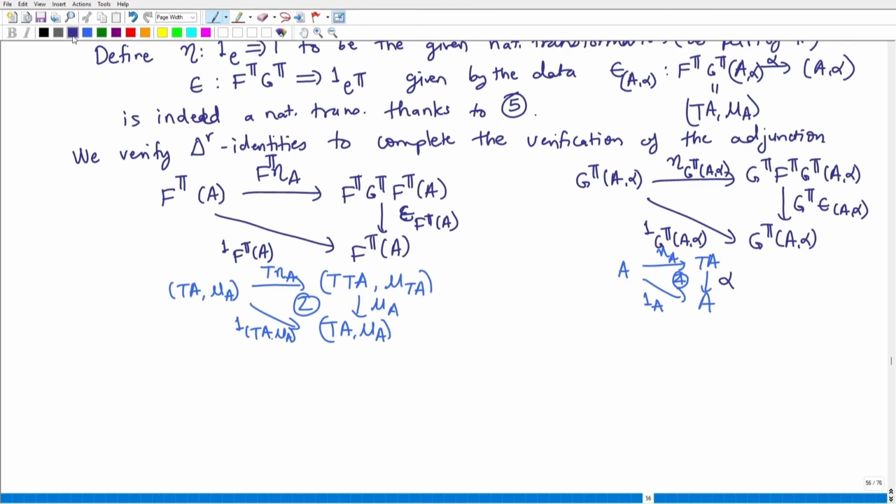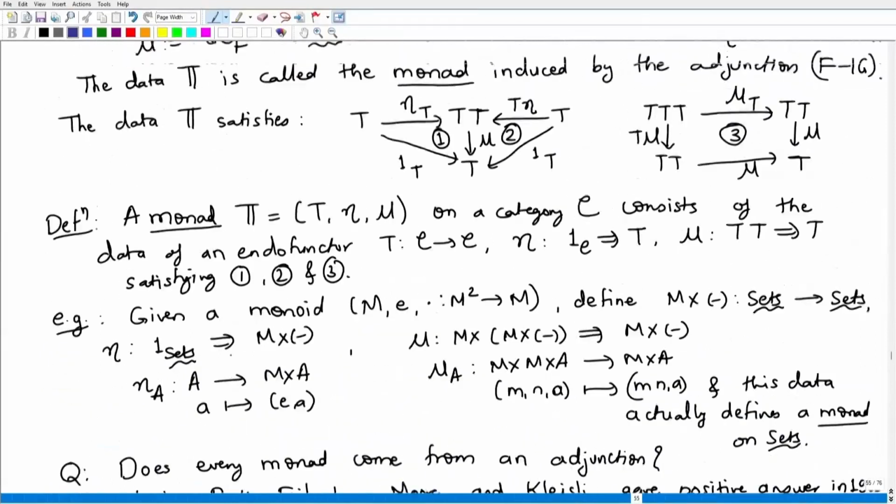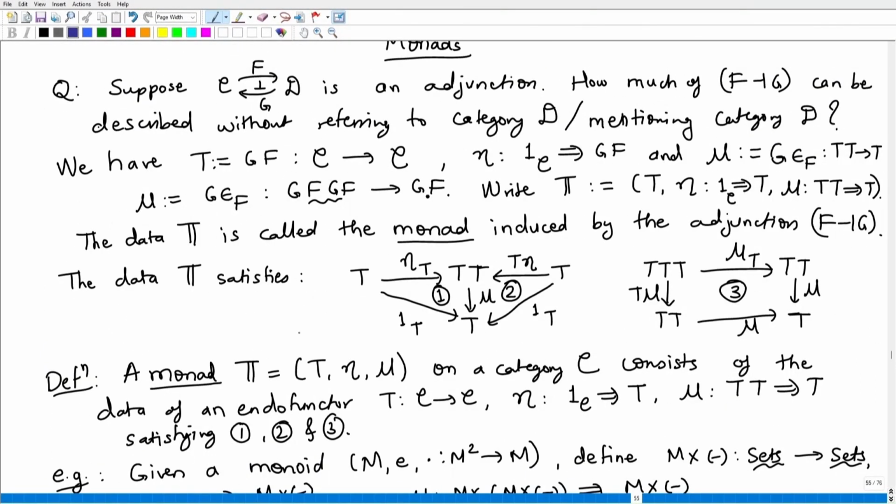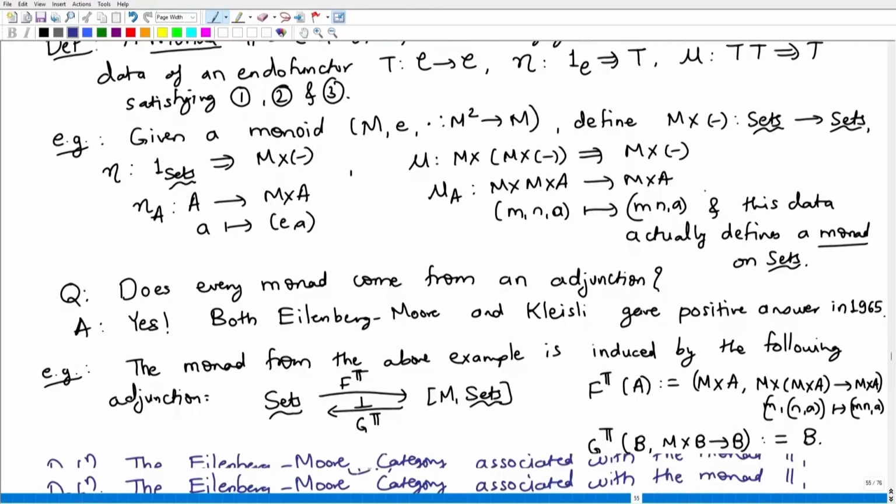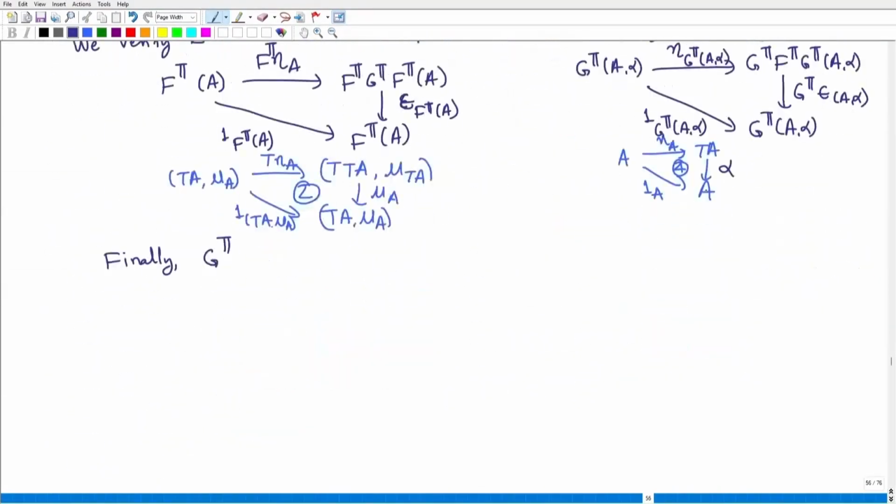So finally, if you remember, we said that given an adjunction, the monad multiplication was given by G epsilon sub F. We have to verify that it is indeed what we got. Let's try.